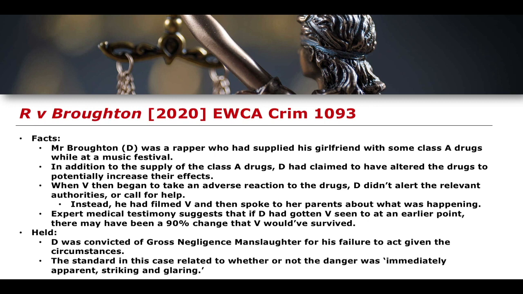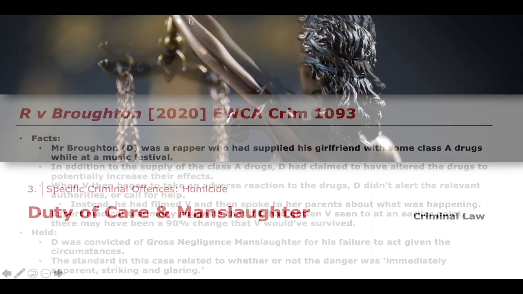So this is quite a higher standard than that of ordinary negligence cases for the law of tort, for example, but it makes sense because we're talking about gross negligence. You have to have acted particularly negligently to the extent that the danger was, quote, immediately apparent, striking, and glaring. And that's the general standard that you can see when we talk about gross negligence manslaughter cases.